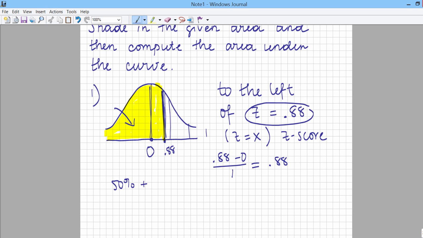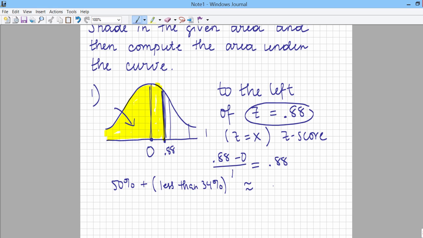According to our empirical rule, this one was 34%, so slightly less than 34%.